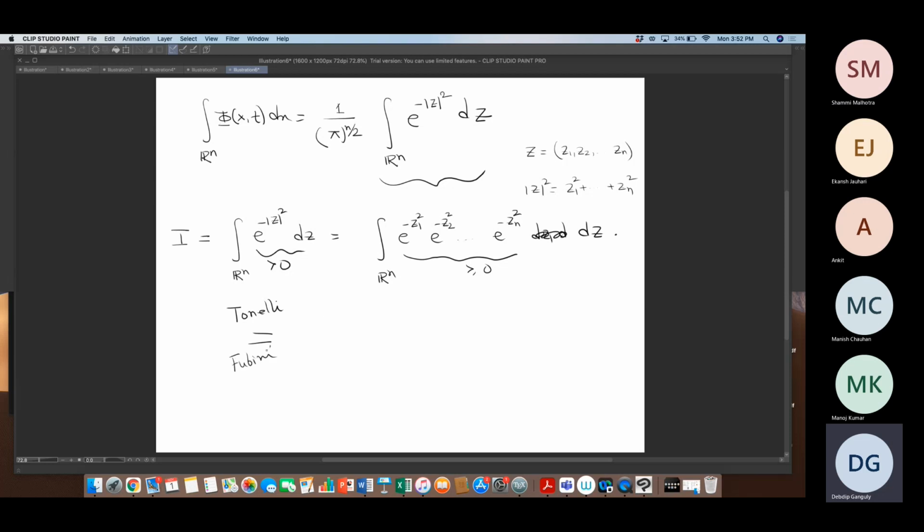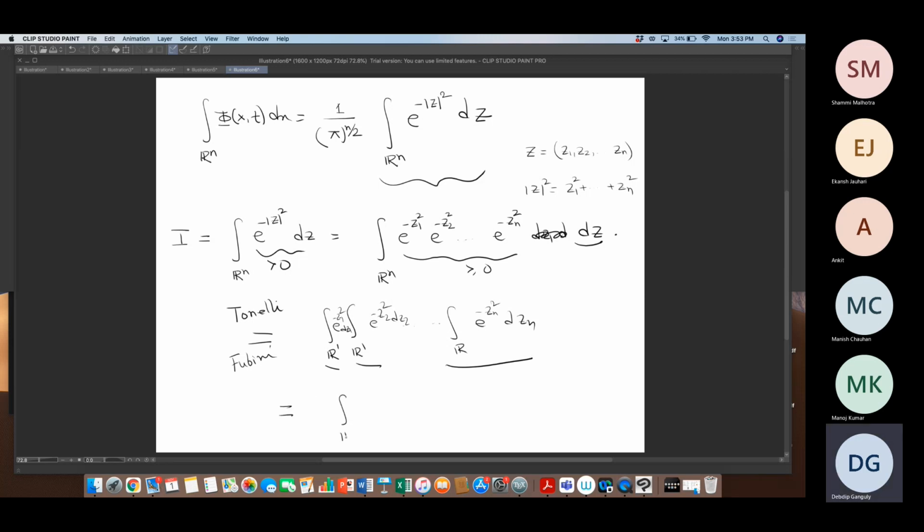Same thing, Fubini. You can write down the integral over R1 of e to the power minus z1 square, e to the power minus z2 square, dz1 dz2 dot dot dot, e to the power minus zn square dzn. All these integrals are the same, e to the power minus x square dx in one variable.